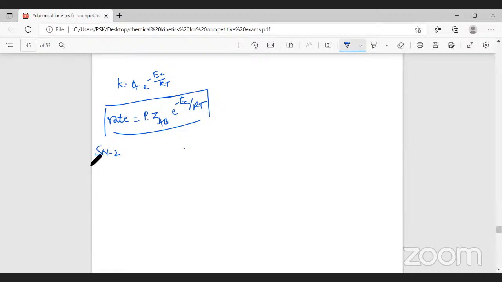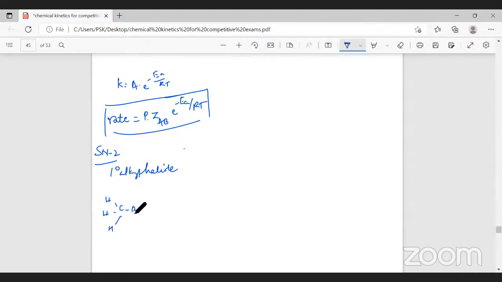SN2 mechanism stands for nucleophilic substitution bimolecular reaction. So SN2 reaction is predominantly undergone by primary alkyl halides. For a primary alkyl halide example, we will take methyl bromide.